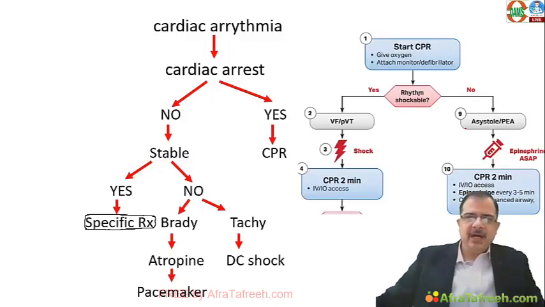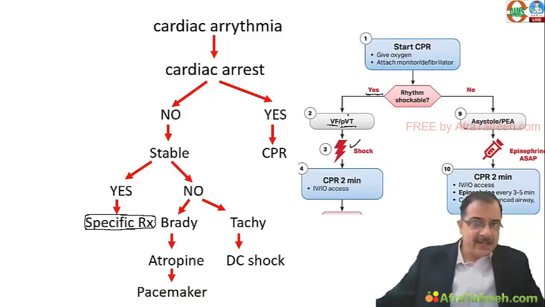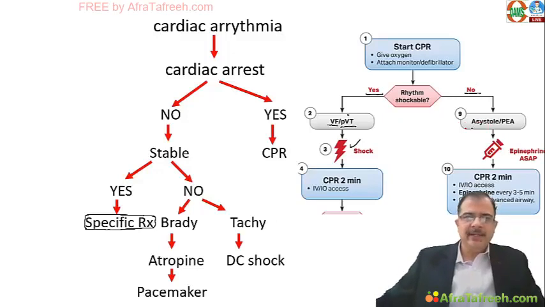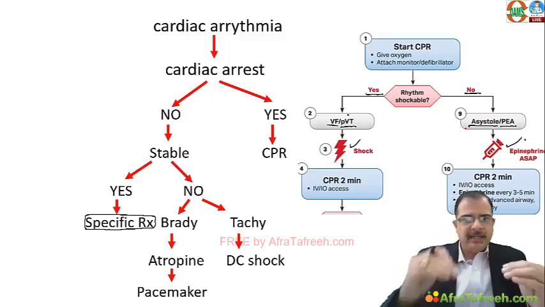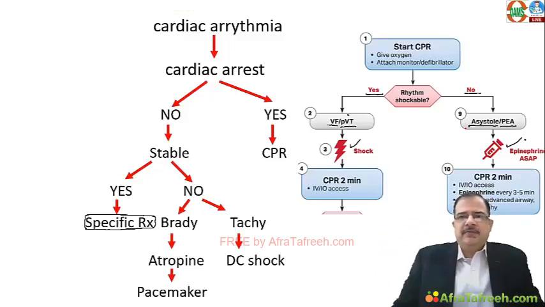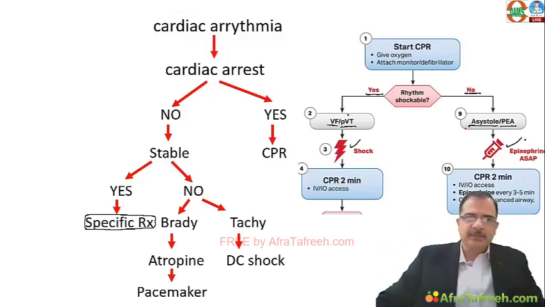If the rhythm is shockable, give the DC shock; shockable rhythms are ventricular fibrillation and ventricular tachycardia. If the rhythm is not shockable, like asystole, flatline, or pulseless electrical activity, epinephrine is the drug to be given. Up to these steps they will ask you, not the full flow chart. Now, what is the specific treatment here?